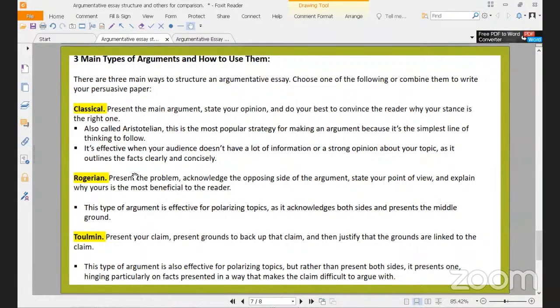It's effective when your audience doesn't have a lot of information or a strong opinion about your topic, as it outlines the facts clearly and concisely. Okay, so yes, this is the classical type. You want to convince the reader, and what is your stance? Where are you standing? Okay.